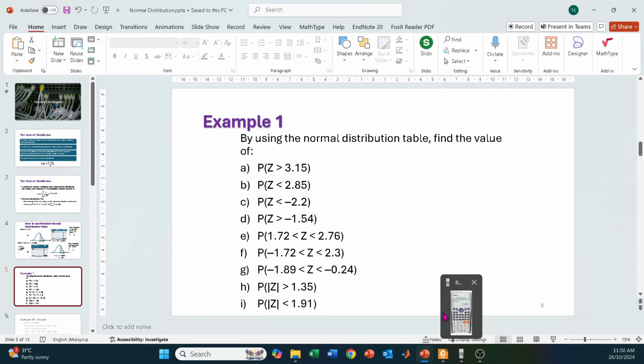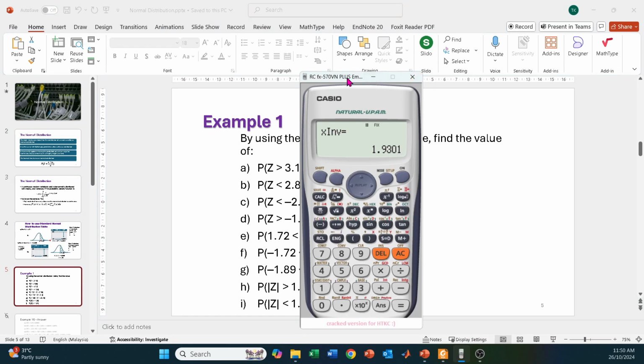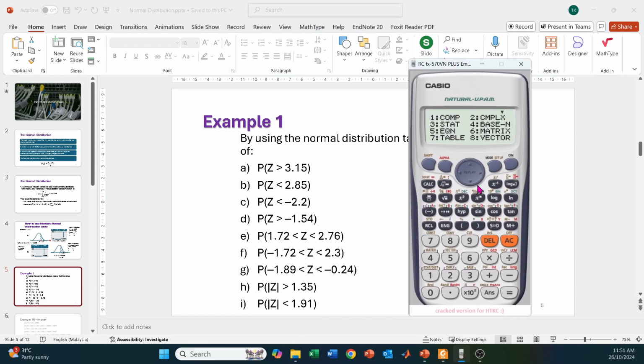Okay, and then the next one, by using the normal distribution table, find the value of the probability Z greater than 3.15. So we go back to number 3, normal CD. When greater, the minimum is 3.15 up to infinity.